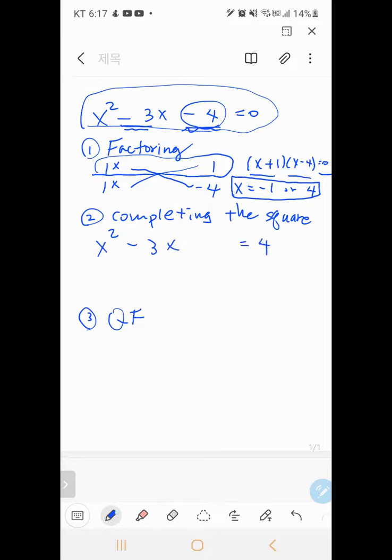And then now we want to have this b over 2 squared. Okay, so we know b is this right here, minus 3. So b over 2 is minus 3 over 2, and b over 2 squared is 9 over 4.